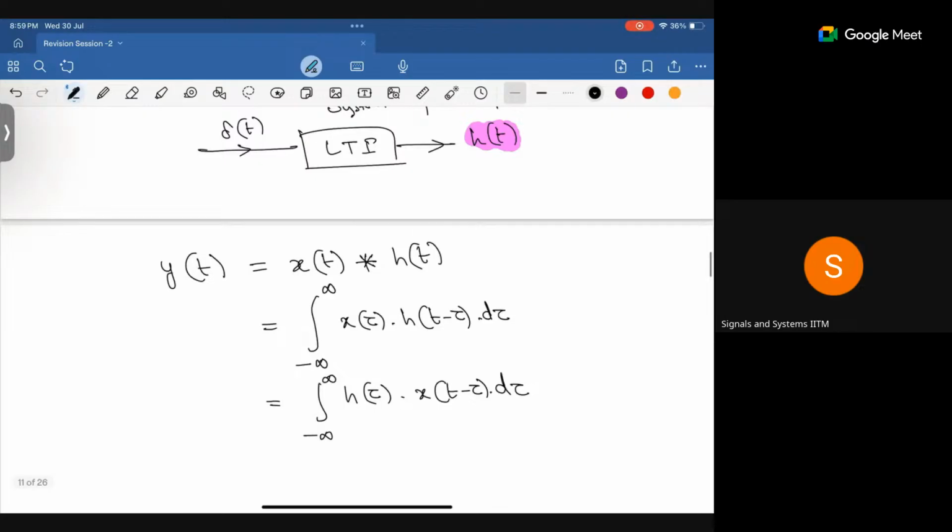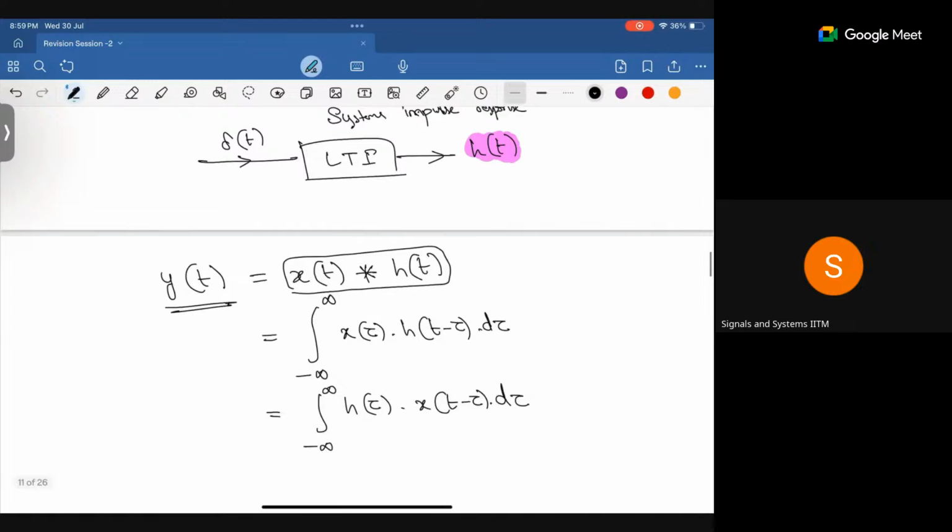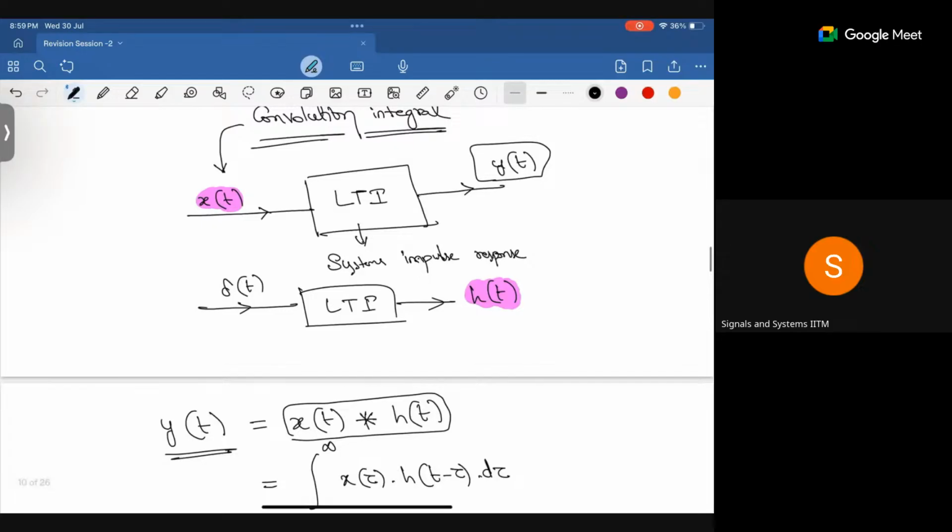So the output of an LTI system will be equal to the convolution between the input and the impulse response if the system is an LTI system.